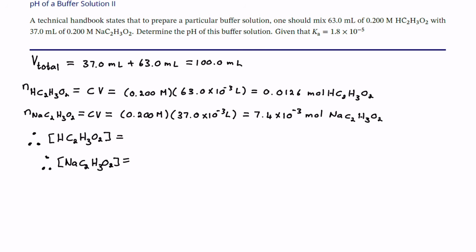So this is 0.0126 mole over 100 milliliters, which is 100 times 10 to the negative 3 liter, and 7.4 times 10 to the negative 3 mole also in 100 times 10 to the negative 3 liter.